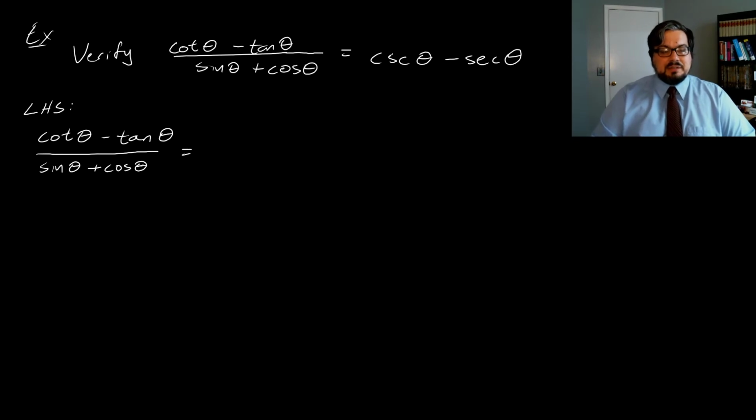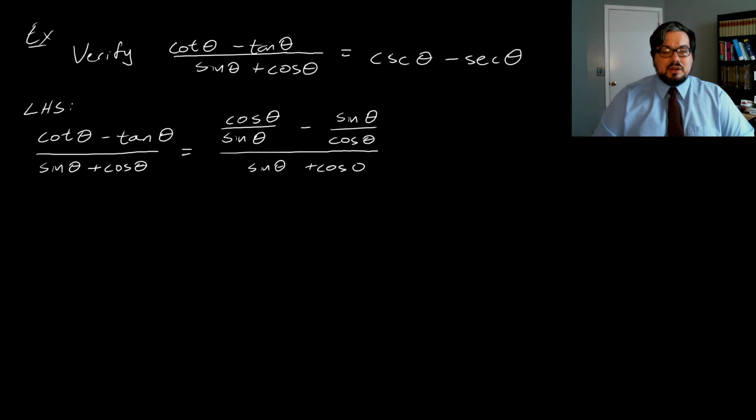So let's do that. Cotangent of theta is equal to cosine theta over sine theta. Tangent is sine theta over cosine theta. And then the denominator is sine theta plus cosine theta. And that's just using the tangent identities.